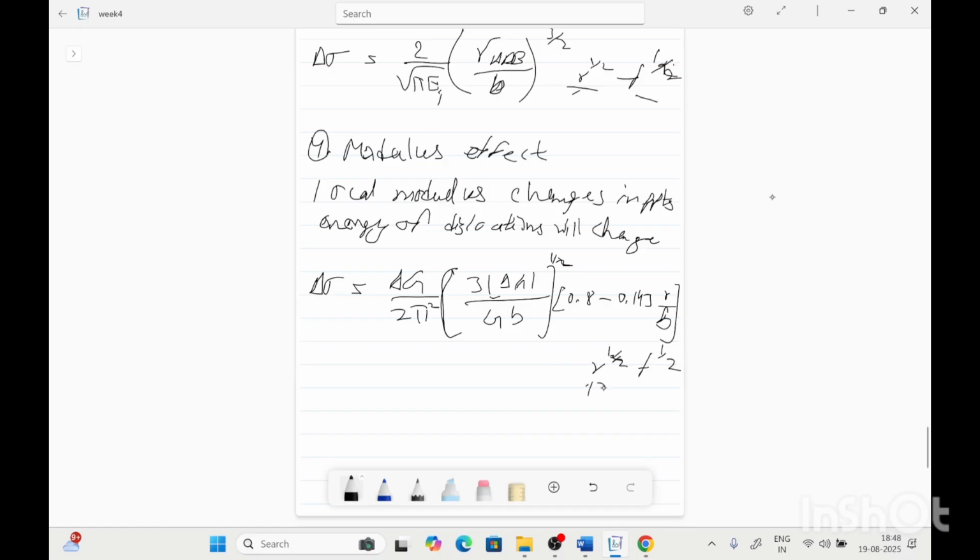R is the particle radius, and B here is also the Burgers vector, F is the volume fraction, and G is the shear modulus.